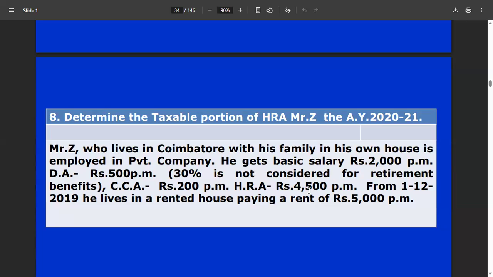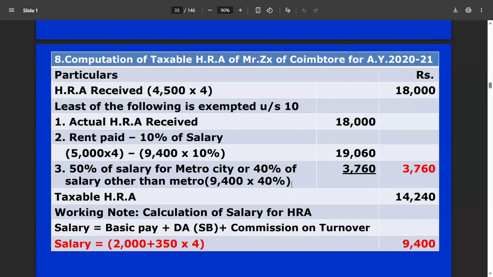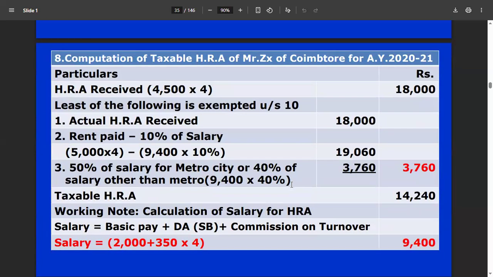So it's a combination. From 1st December to 31st March, we'll calculate his HRA. HRA received for 4 months, that is December, January, February, and March. So that HRA is 4500 into 4, which is 18,000. So let's have the formula. First, actual HRA received 18,000.